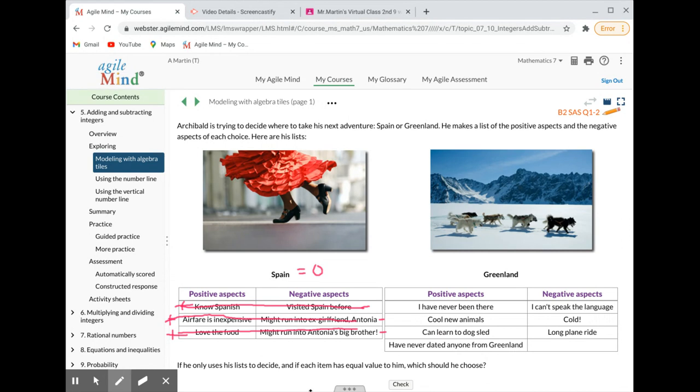All right. So let's look at Greenland. Brendan, tell me the positive and negative aspects of Greenland.